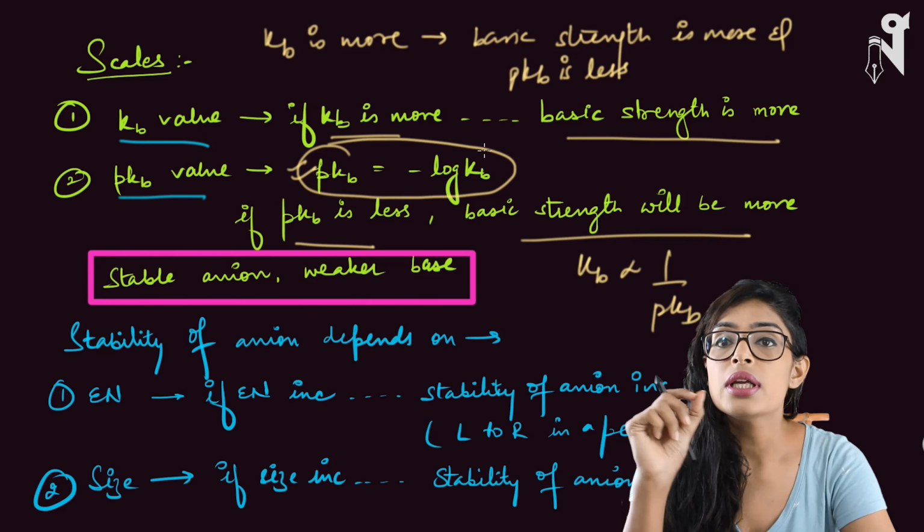So the more electronegative your atom is going to be, the more hunger there is for electrons. It wants electrons. So it would not like to give it away by either taking H plus ion. It won't like to neutralize itself by taking H plus ion or by giving away its pair of electrons to Lewis acids. It would not like to do that because electronegative atoms have very strong hunger towards the electrons.